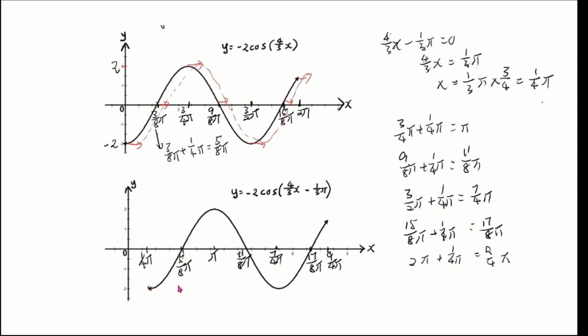Now up to here, generally we have already finished all the transformation. But always remember, we still have the last step to be carried out. That is, we always need to confirm the domain. In this question, the domain is greater than 0 and less than 2 pi.